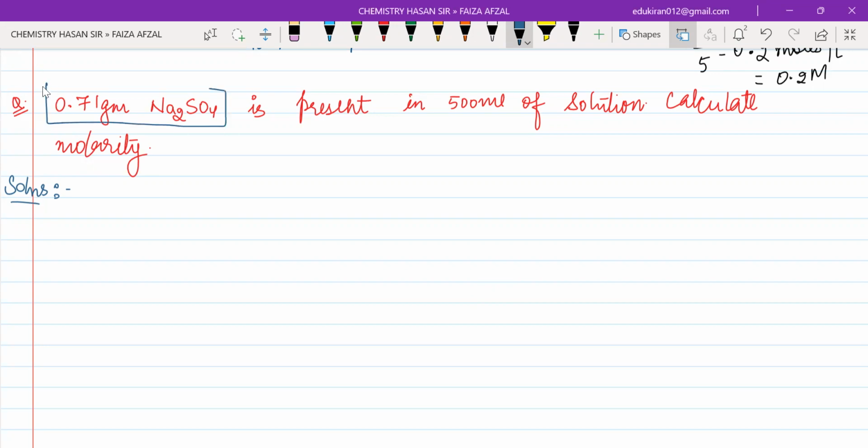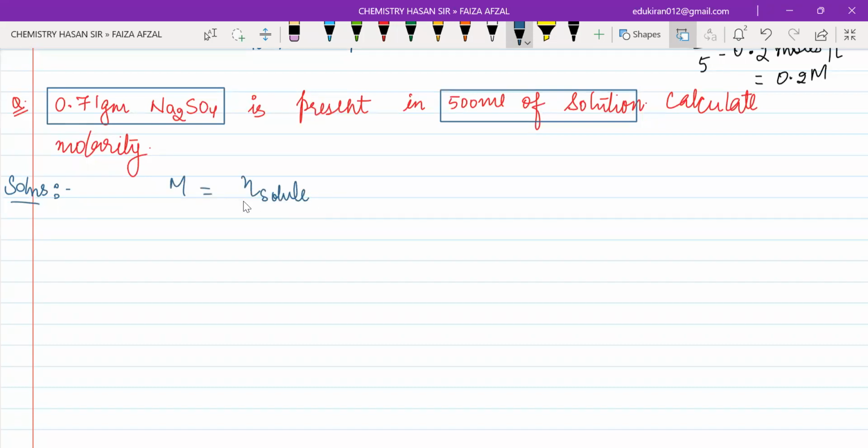You can see this is your given mass and this is your volume of solution. You know that molarity has a formula: number of moles of solute upon volume of solution in liter. The number of moles of solute is the given mass upon molar mass.